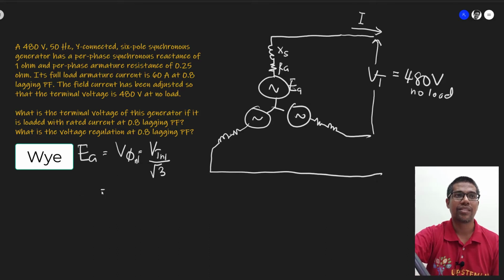So we know now that our EA is 480 volt divided by square root 3.